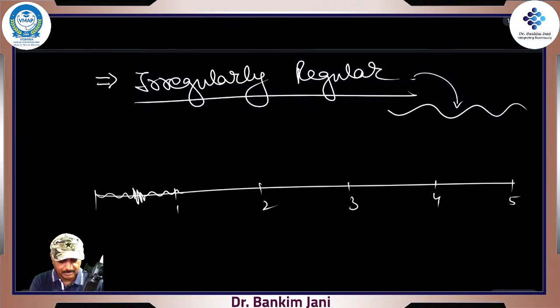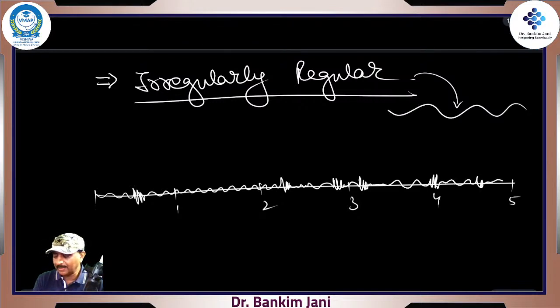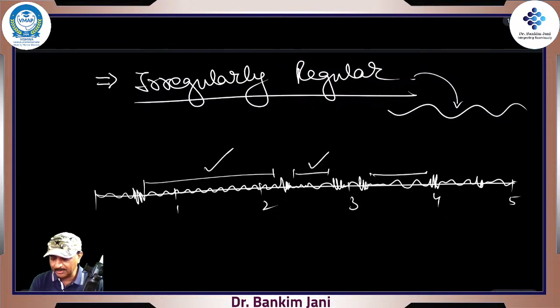Regular, regular, regular, regular, regular, something irregular, right? And then occurring again, and regular again, regular again. So here you cannot find any pattern that things are regular, right? See this, from here to here it is good, here to here it is good, here to here it is good, right? But there is no pattern.